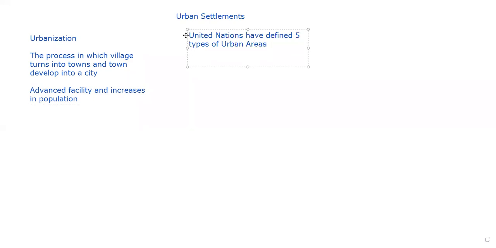In type 1, these are countries like Sri Lanka, where if any city has a municipality, they give that place the status of urban area.